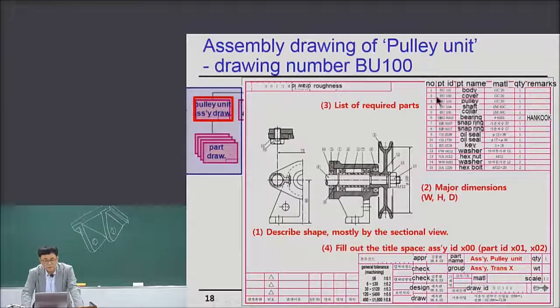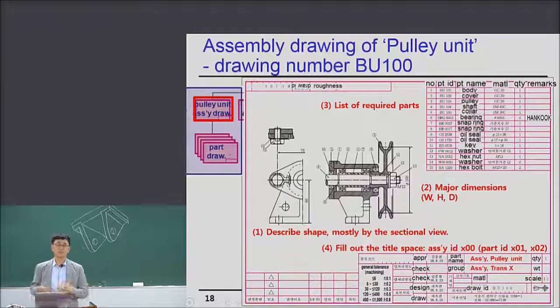Okay, so this is a part drawing, 5 part drawings which belong to the pulley unit assembly drawing. So since the ID is 100 for the assembly drawing, the parts which belong to this 100 assembly drawing are given 101, 102, 103, 104.